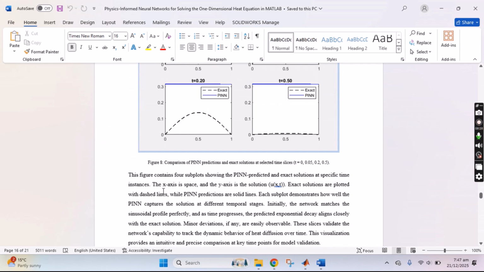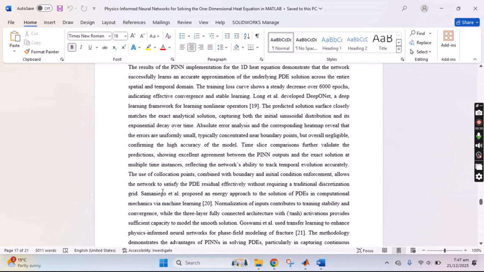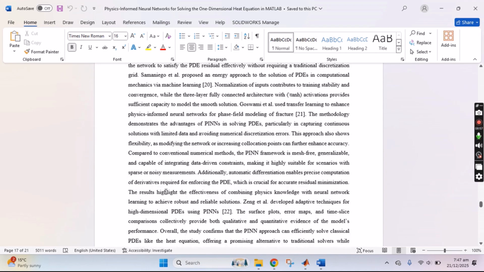Here is the comparison of PINN predictions and the exact solution at different time slices. In the results and discussion, we confirm the high accuracy of the model, and the time slice comparison further validates the predictions, showing excellent agreement between the PINN output and the exact solution at multiple time instances.